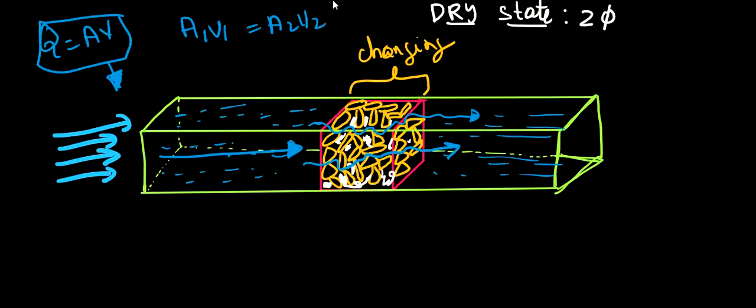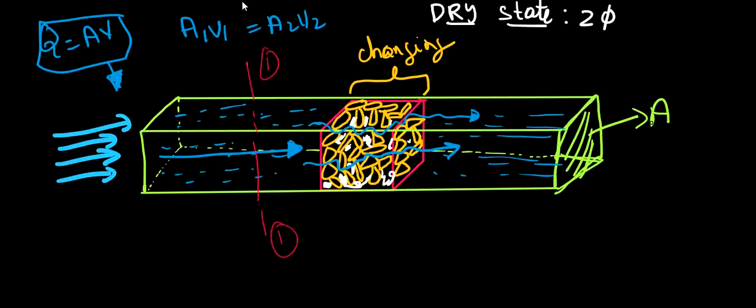For example, the cross-sectional area of this pipe is A. I can apply this equation of continuity at any two locations. For example, let's say this is my section 1-1, and this is 2-2.